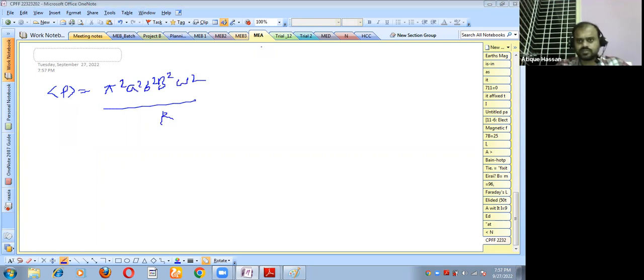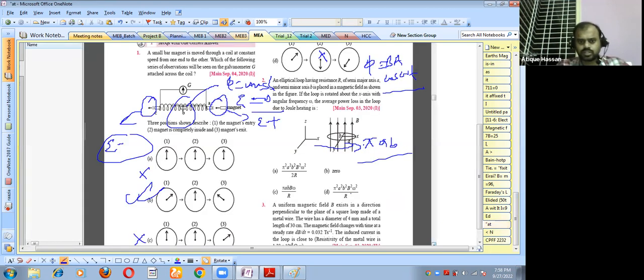Yes, it is half. So we have to put half. So it is pi square A square B square omega square by 2R. So yes, option A is the correct one. Understood?